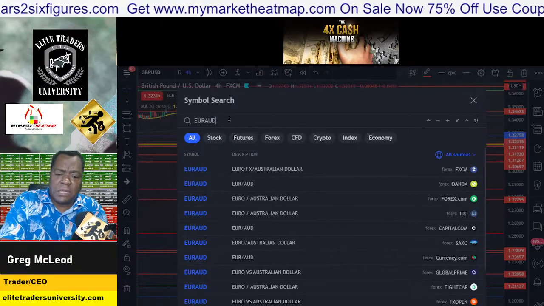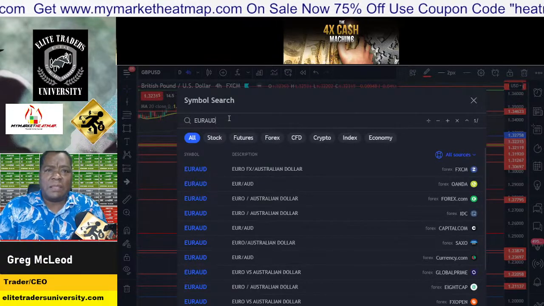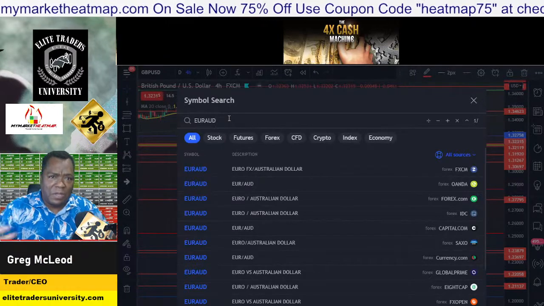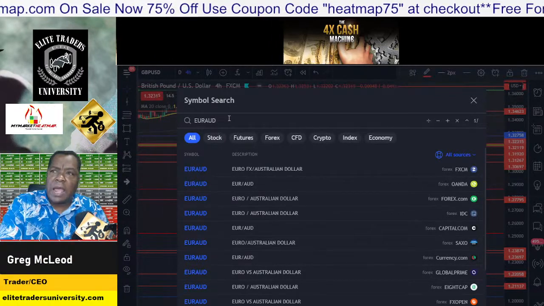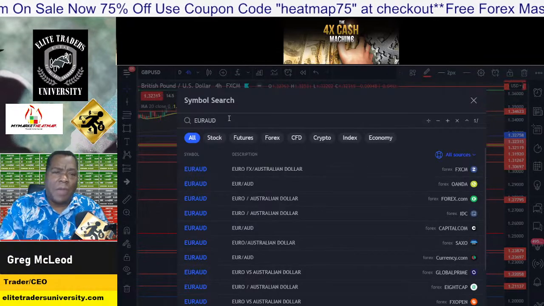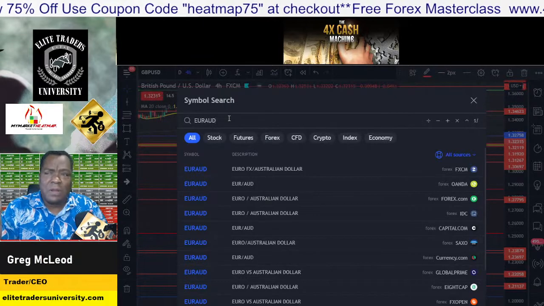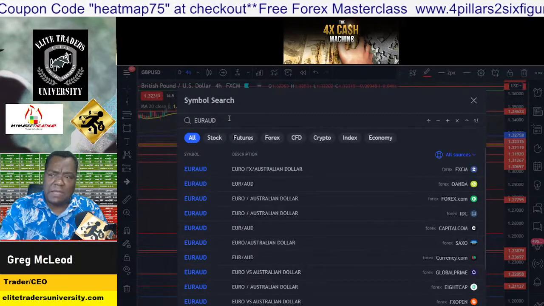It's called Dr. Copper, the indication that the global economy is growing because you need copper to build stuff. And Australia produces a lot of copper, right? However, if Euro Aussie rallies, it means people don't care about copper, and they want to move their money to safety in the euro.